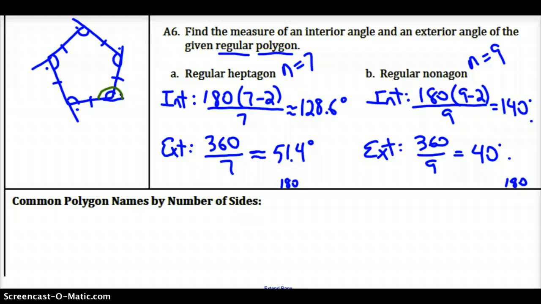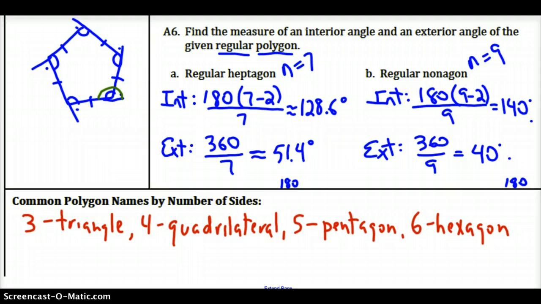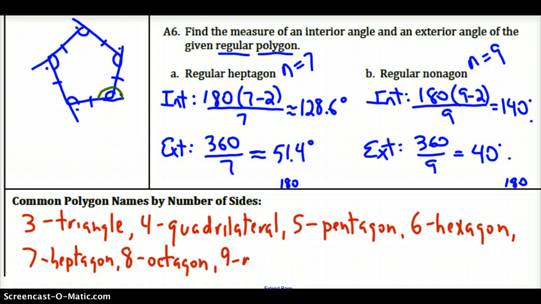Finally here is looking at some names. Three-sided is a triangle. 4 sides, quadrilateral. 5 sides, pentagon. 6 sides, hexagon. 7 sides, heptagon. 8 sides, octagon. 9 sides, nonagon. 10 sides, decagon. 11 sides, undecagon, like uno, undecagon.